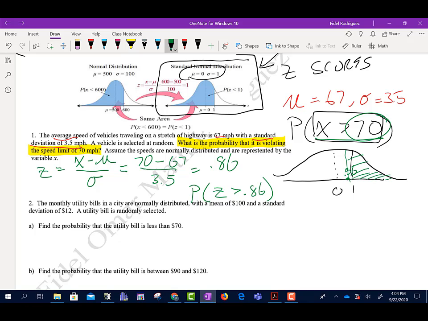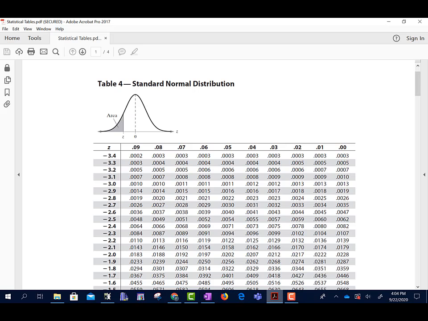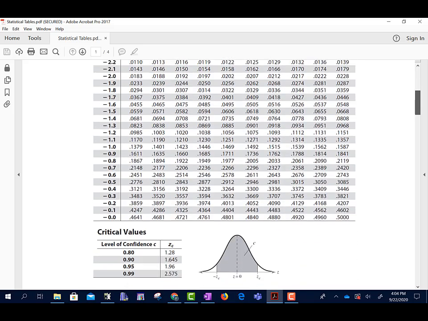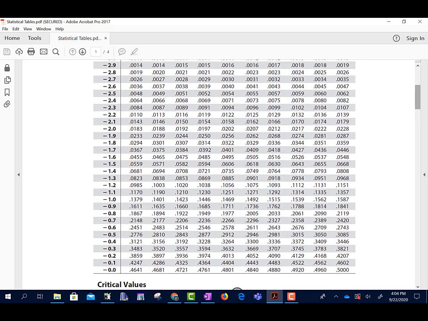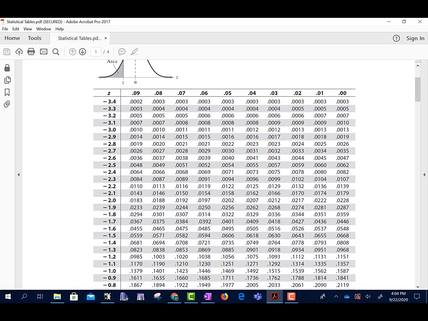Now, the only thing is, if I'm going to use my z-table, the z-table always tells me the area to the left. So I'm going to show you what I'm going to do here. I'm going to come back to my chart and go to 0.86. Let me scroll up just a little bit. Here's 6.